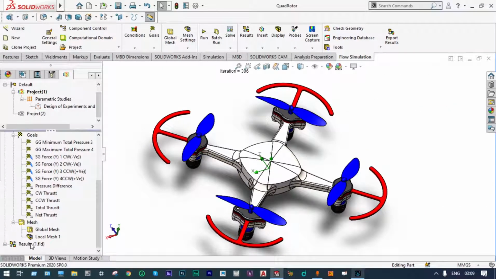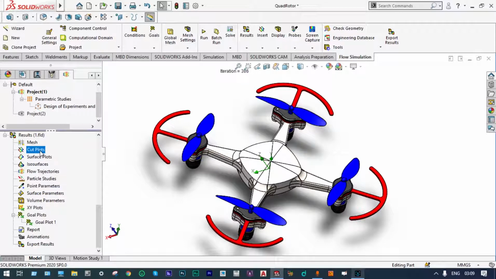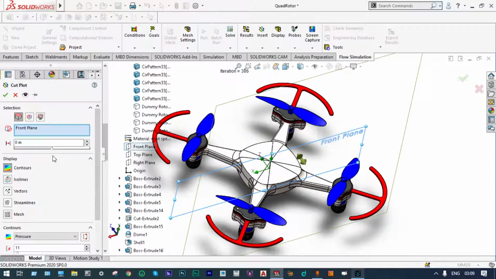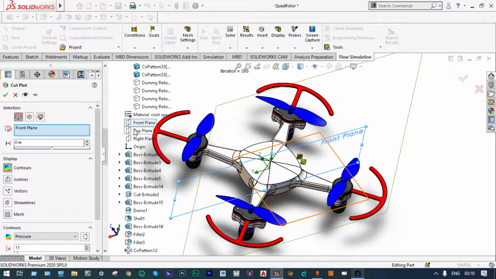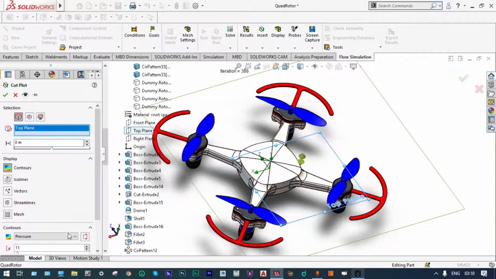Now I want to see the results. First of all, we'll see the cut plots from the top plane. We want to see pressure, velocity, etc. Let us see pressure from the top plane. Let us select the top plane and we want to see pressure.